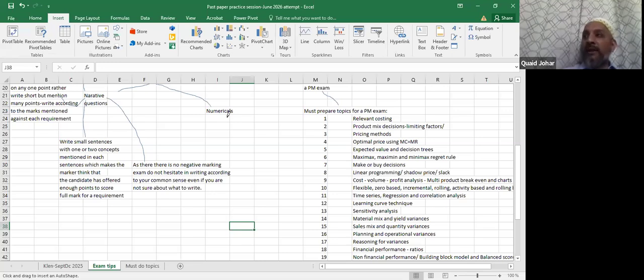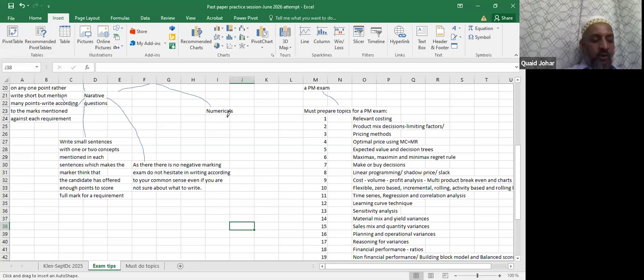So try to show all your workings so that the examiner can see what you are adding, what you are multiplying, and even if you are adding or multiplying part of the thing in a correct way, you will be getting some marks for it. So get those marks. So these part marks get added to your total and increase the marks you are getting and make you cross the 50 mark level, right?